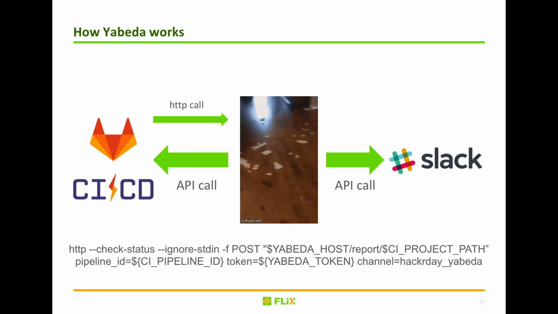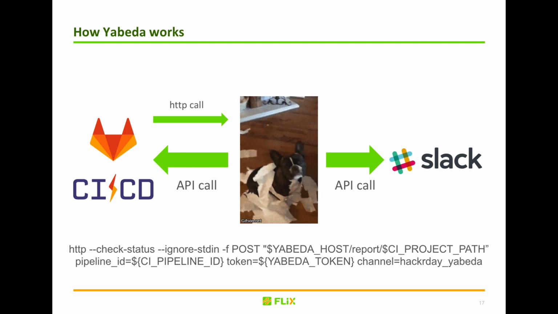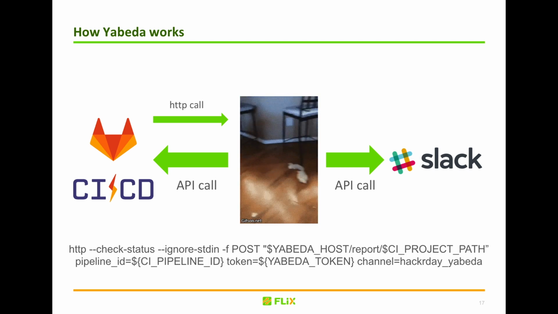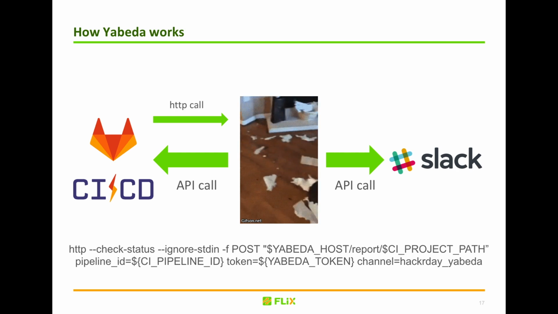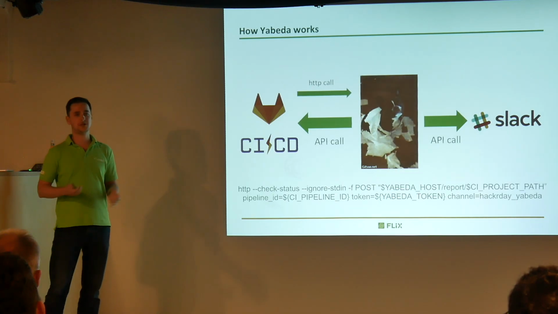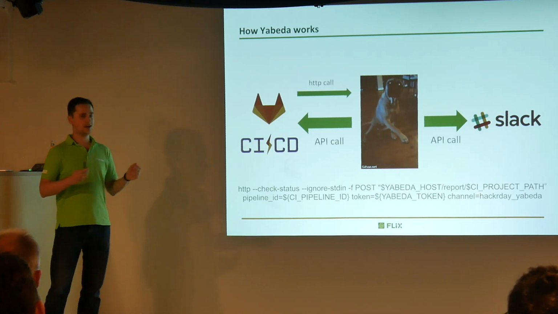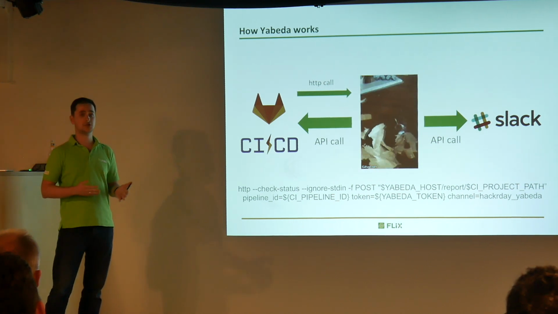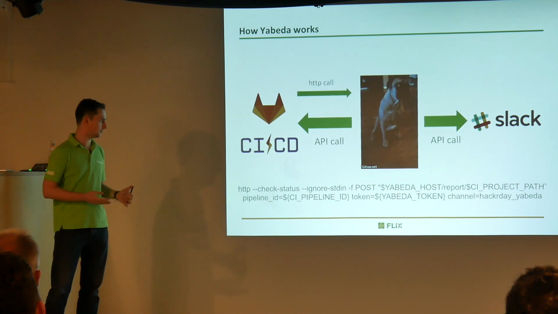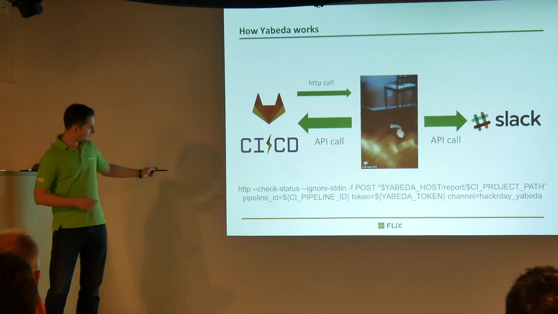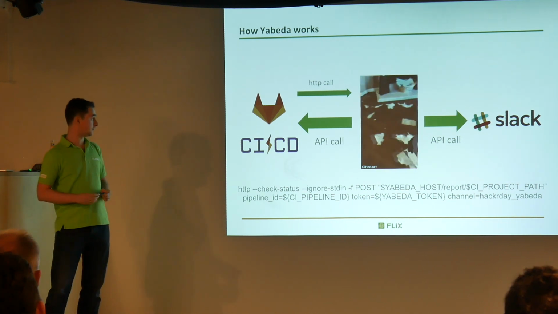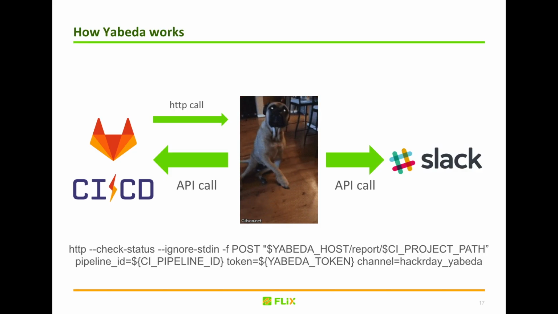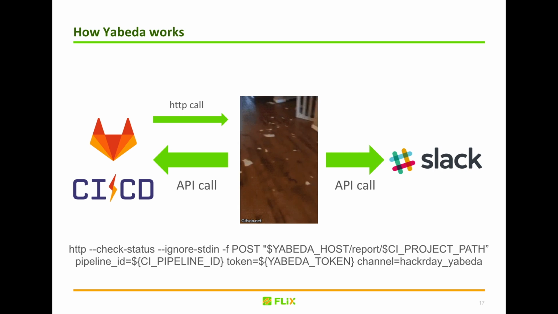So, in your GitLab CI job, you make an HTTP call to tell Yabida something is being deployed, and then it makes API calls to GitLab to get information about your deployment, and makes API calls to Slack to post beautiful messages about what is being deployed. And this long line on the bottom is actually the line you have to copy-paste in your deployment pipeline.